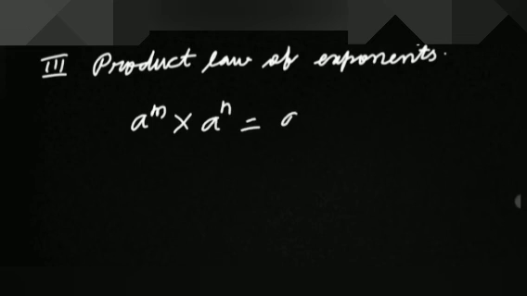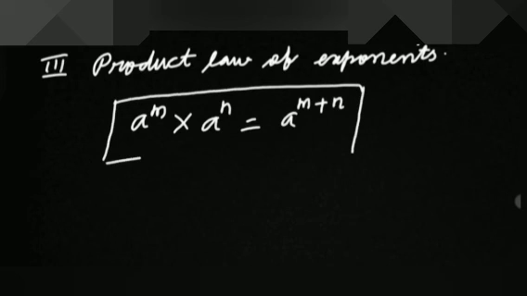Already we have written that a is an integer, and all those things have been written earlier, isn't it? A raised to m into a raised to n is equal to a raised to m plus n.